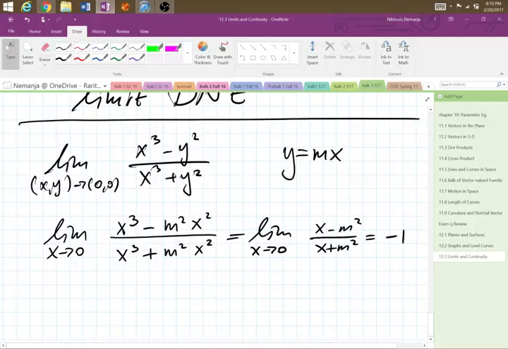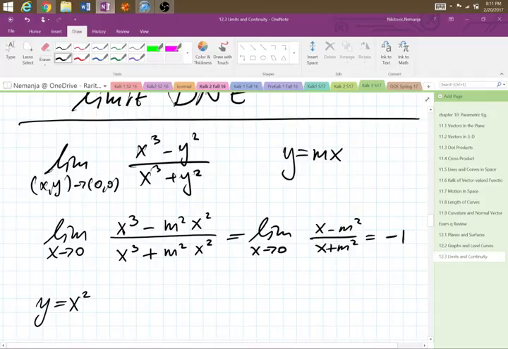Now what? X squared, y squared. I know there's infinitely many options. So now, y equals x squared.